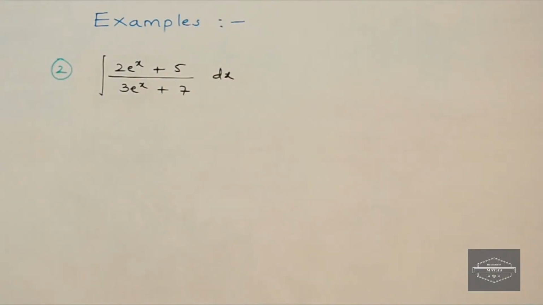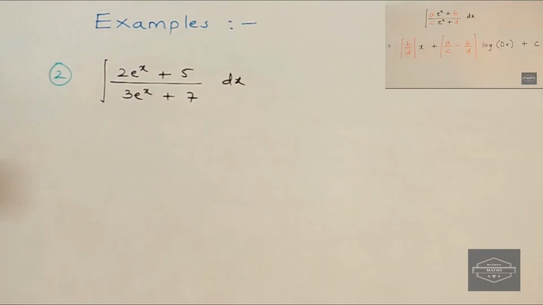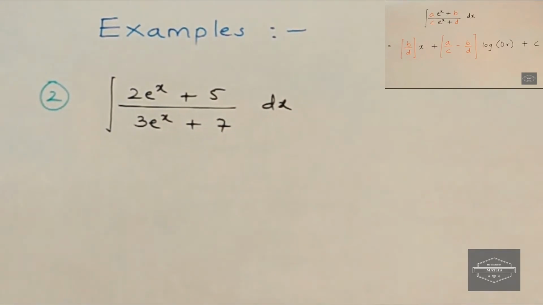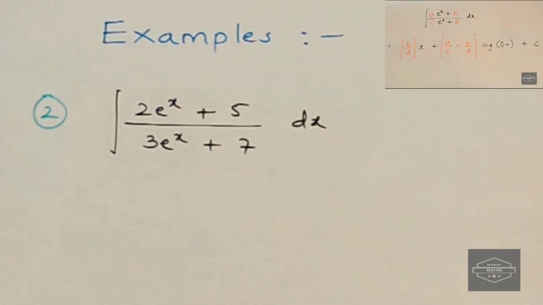Alright, and now let's have a look at the next question on this type. Now again, the structure of this question is exactly same as our standard formula, so we can straight away apply the shortcut.